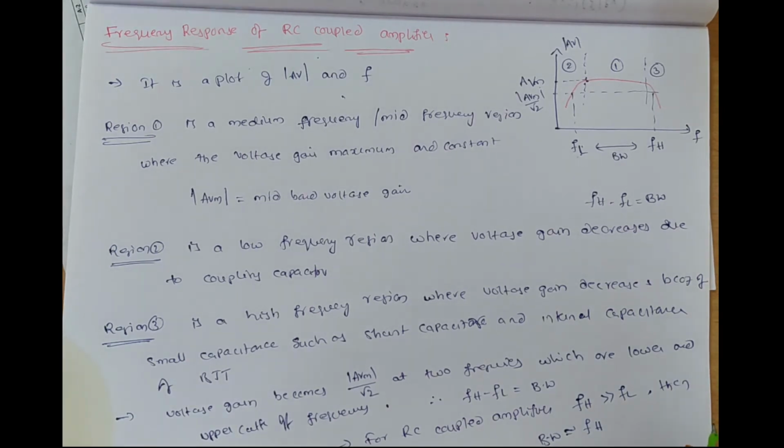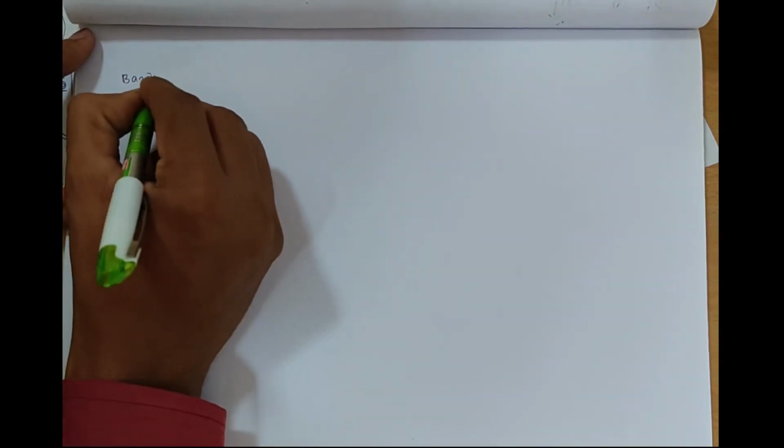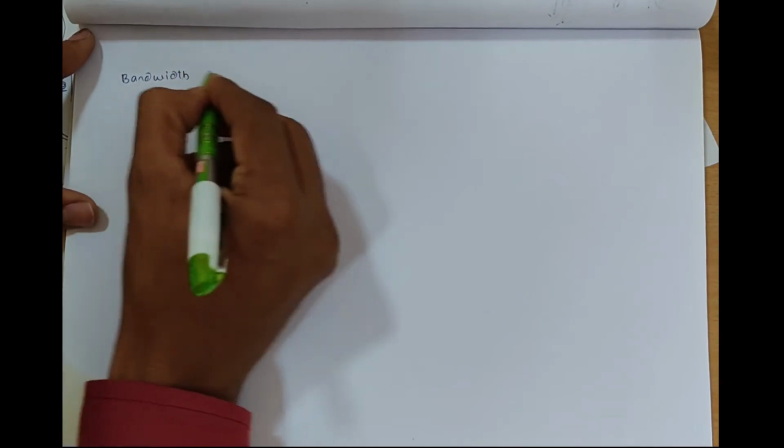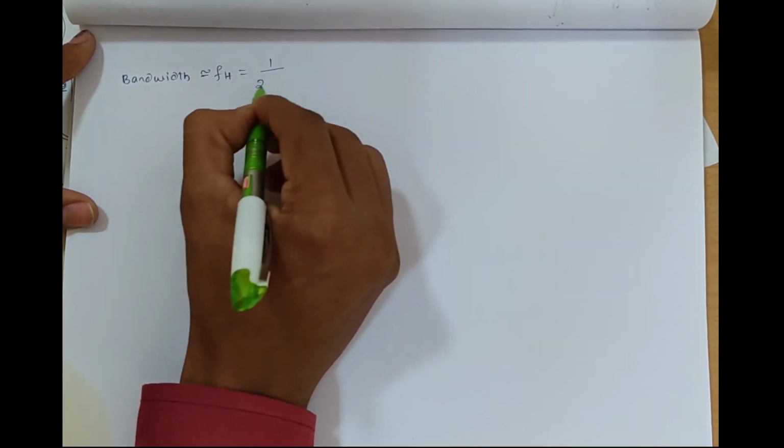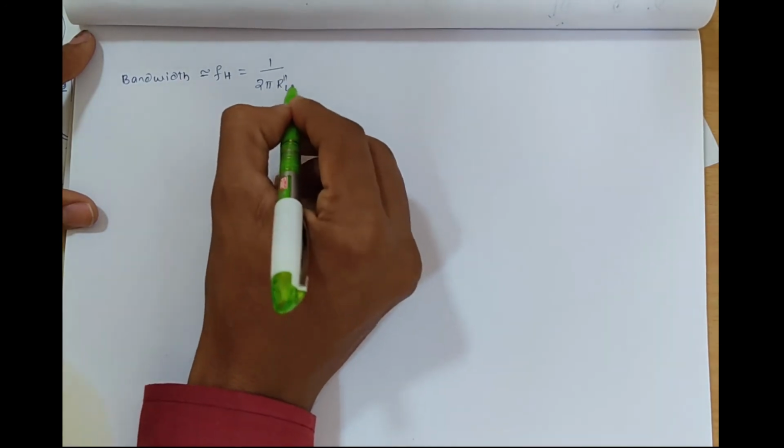Bandwidth of this RC coupled amplifier can be written as approximately FH only. So FH is already defined as 1 by 2 pi R double dash L into CSH.